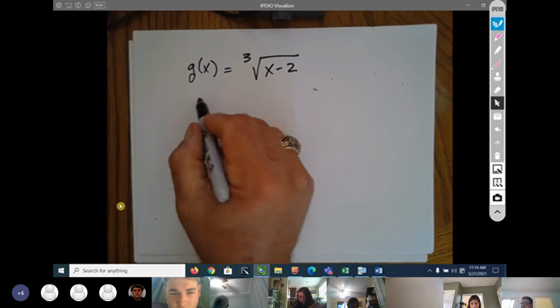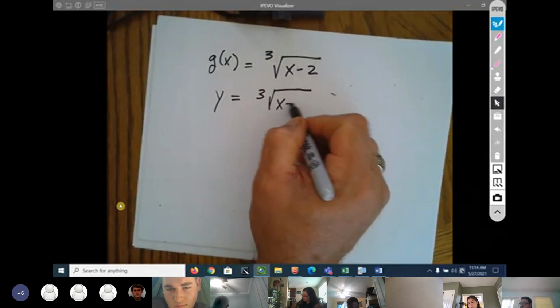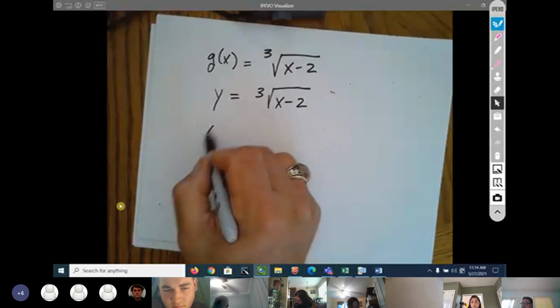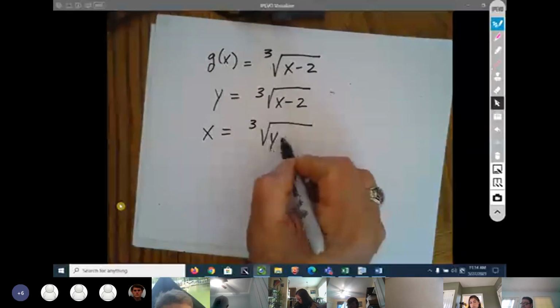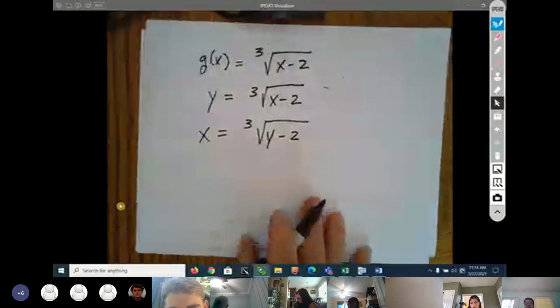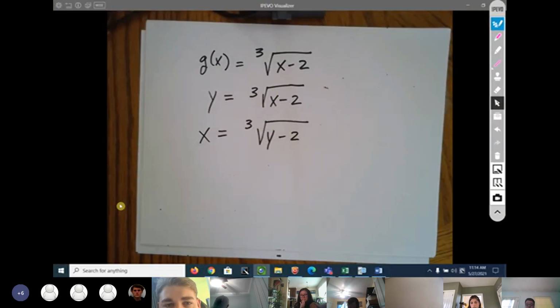So y is equal to the cube root of x minus 2. x is equal to the cube root of y minus 2. How do I get rid of a cube root? Raise both sides to the what power?